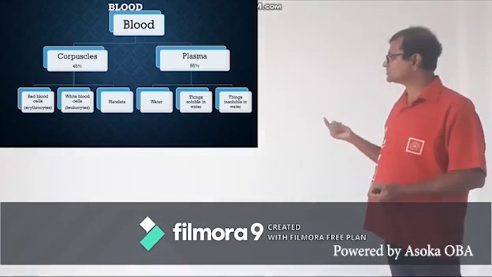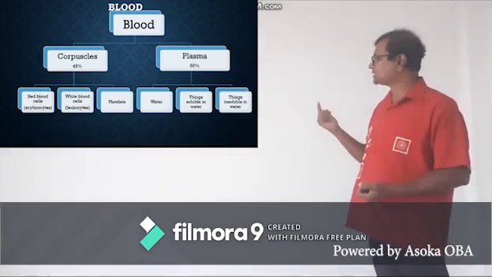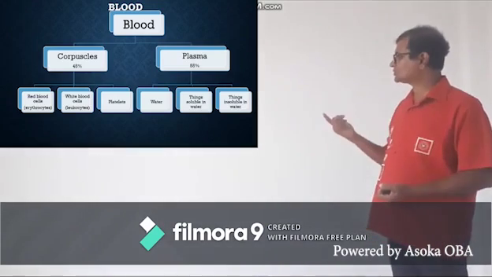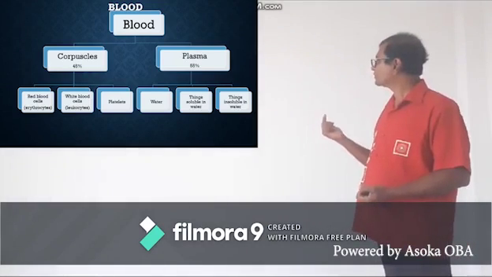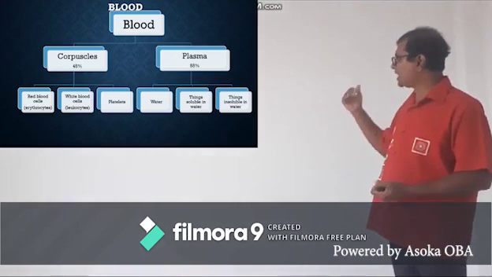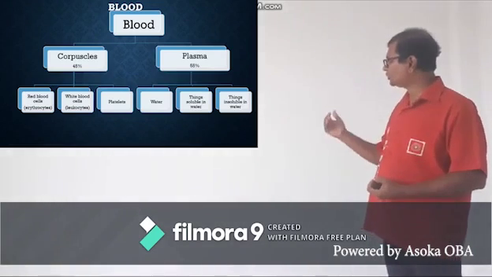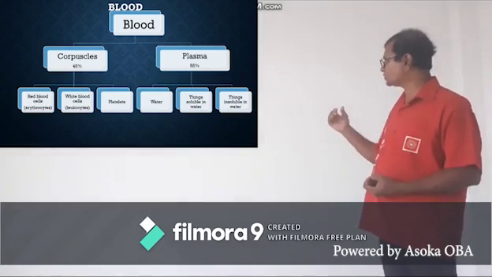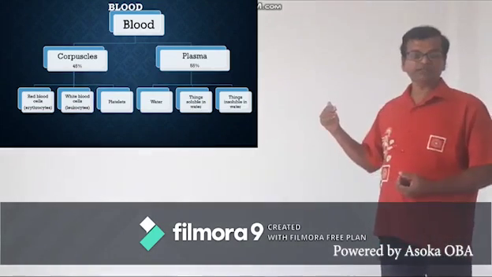Red blood cells, also called erythrocytes. White blood cells, also called leukocytes, and the platelets. Mainly plasma can be divided into three categories. Water, things soluble in water, things insoluble in water.